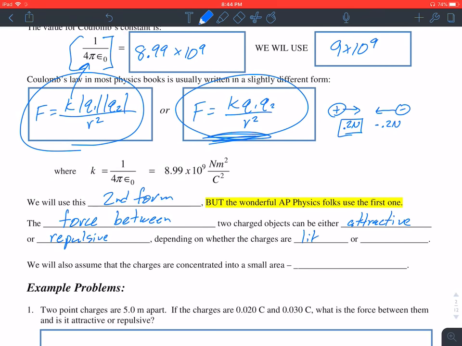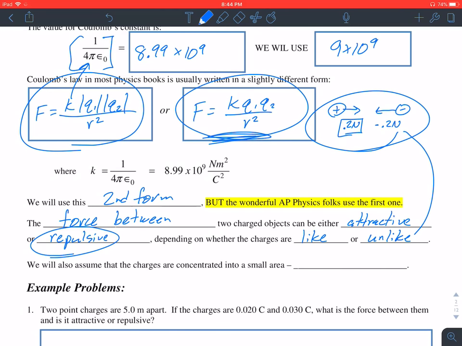So if the charges are alike, they're going to be repulsive. Two positive charges repel each other, two negative charges repel each other. But if they are not like each other, then it's going to be like up here, and they're going to be attracted to each other because opposites attract.